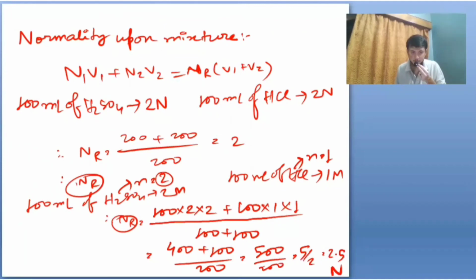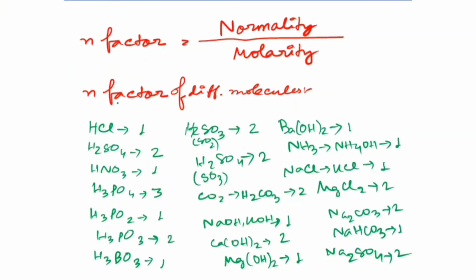After the n factor is discussed, let us see the n factors for different molecules. For HCl it will be 1, H2SO4 2, HNO3 1, H3PO4 3, H3PO2 1, H3PO3 2, H3BO3 1. Why is it H3PO2 1, H3PO3 2, H3BO3 1? For this you have to see our inorganic videos on group 15 elements and group 13 elements. There you can understand why it comes 1, 2 and 1.